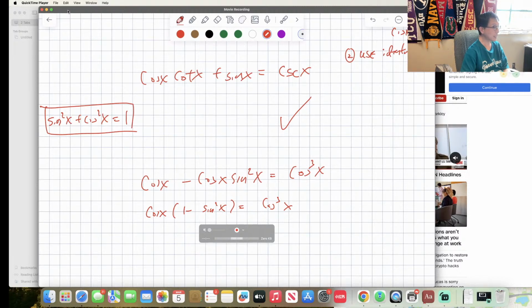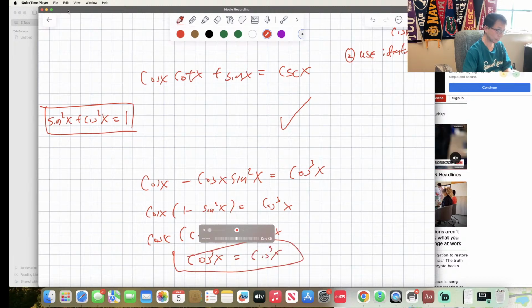I see the brown bear because if I move the sine square to the other side, that's equal to cosine square of x. And that's cosine cubed of x.